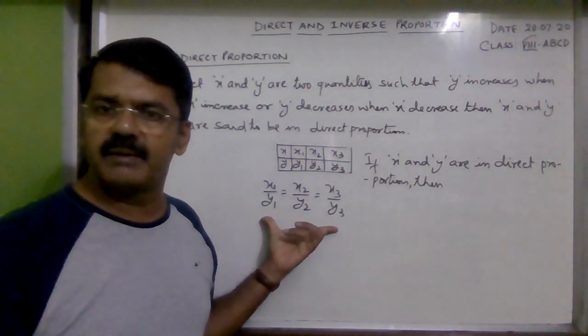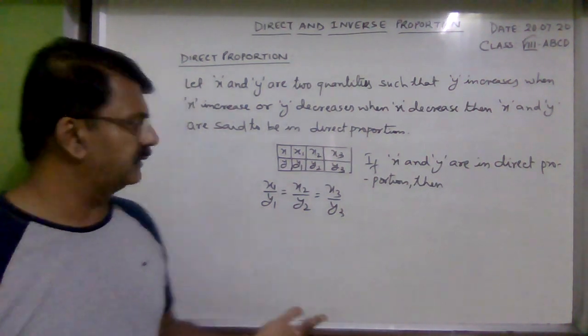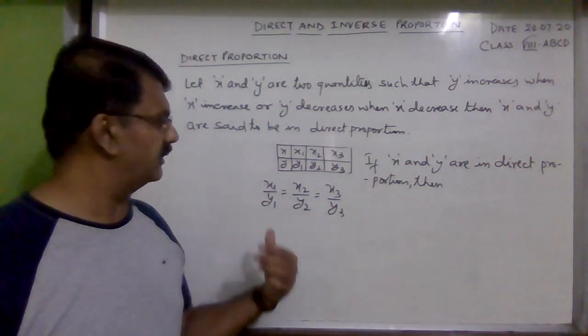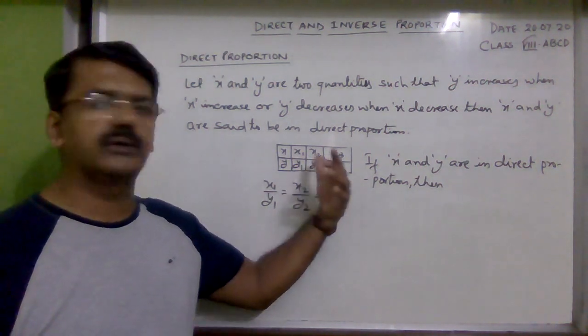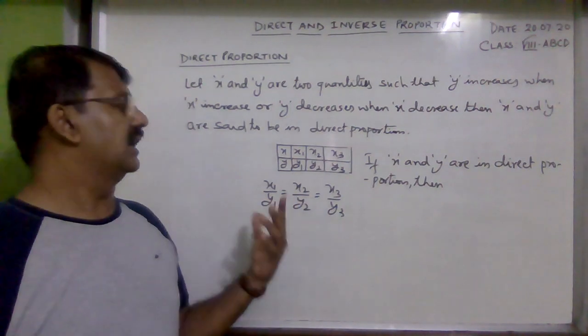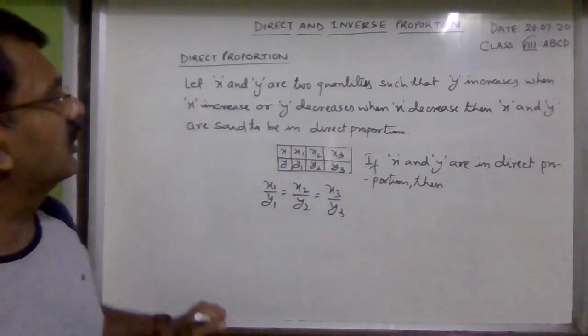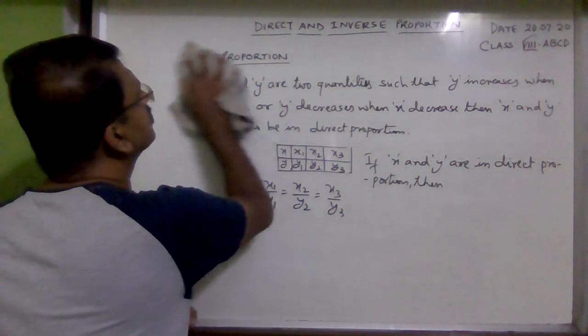You must remember this thing. Whenever two quantities are in direct proportion, then x1 upon y1 will be equal to x2 upon y2 will be equal to x3 upon y3. Now all the questions based on this direct proportion will be solved using this only. Clear? So we'll start the questions.